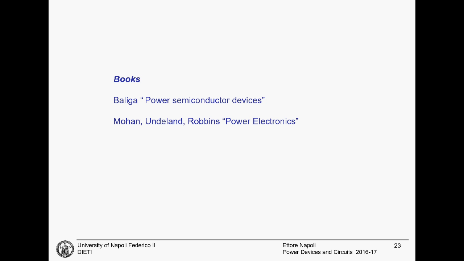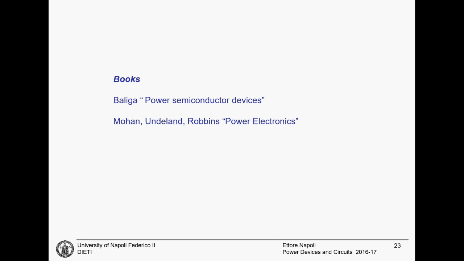Baliga just presents the power semiconductor devices and says, this is the most important thing, we will study the power devices. Mohan, on the other hand, just studies the power circuits and says the switch will be a power device, but let us imagine that this is an ideal power device. It will switch on and off immediately, it has no on-state resistance, it is an ideal device.